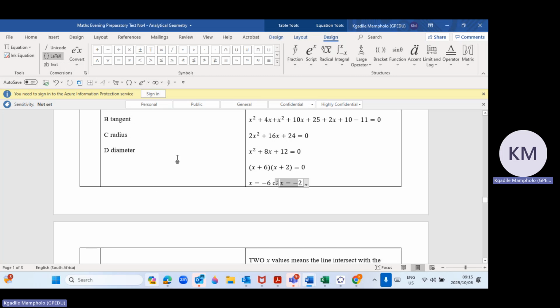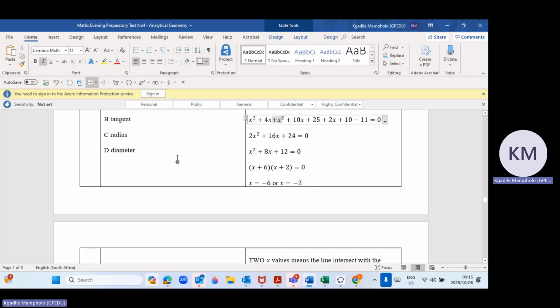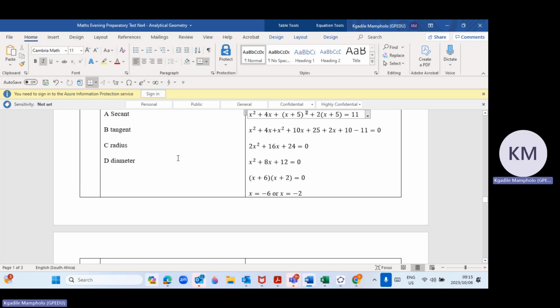But we have all the reasons for saying it's a secant, because the secant touches the circle twice. Remember, the secant has nothing whatsoever to do with the center. As long as it touches the circle twice, it's a secant.